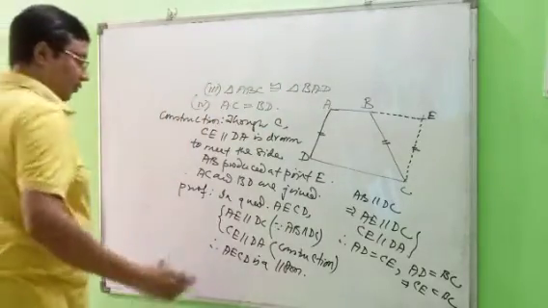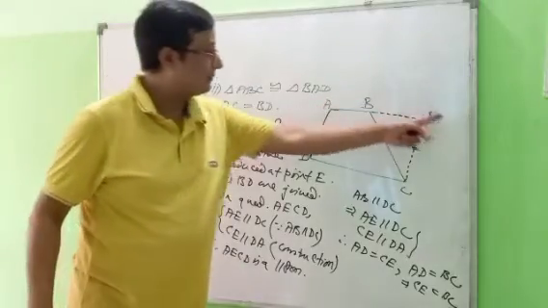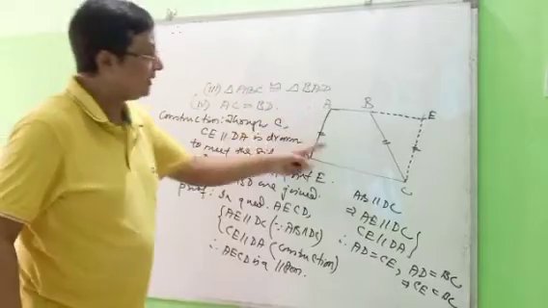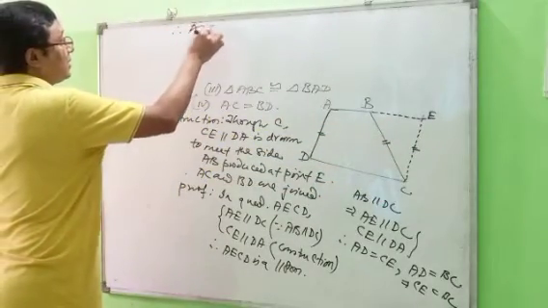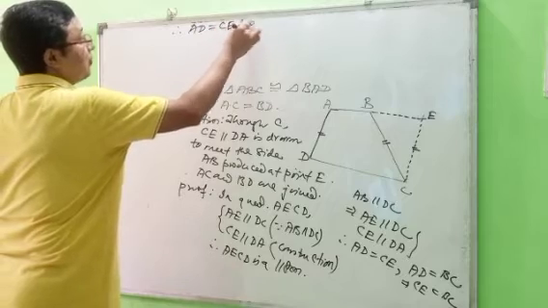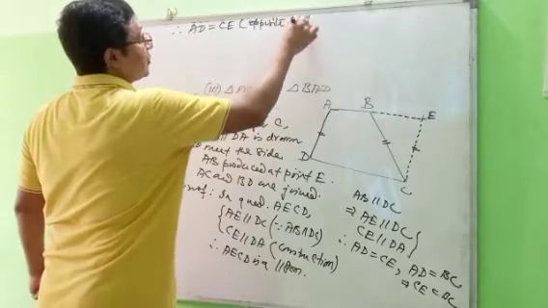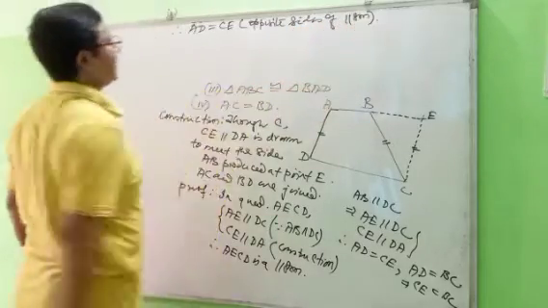Therefore, since this is a parallelogram, the opposite sides are equal. So AD equals CE. Opposite sides of a parallelogram are equal.